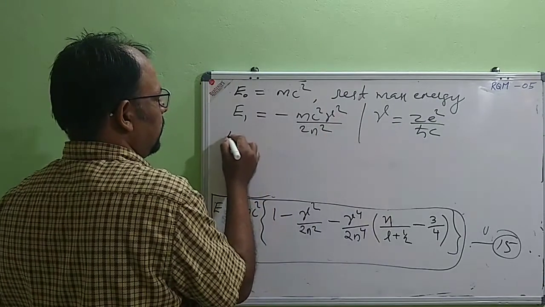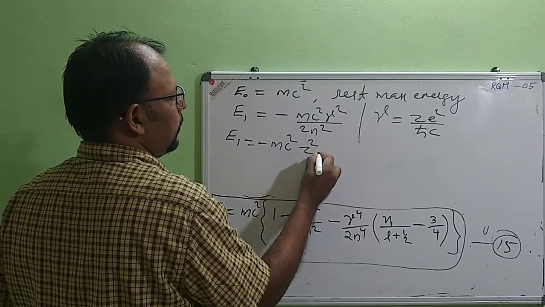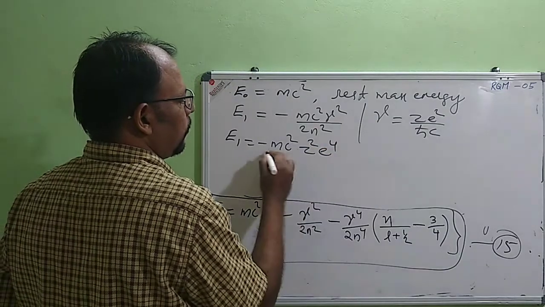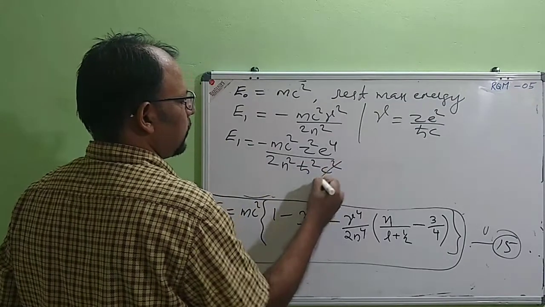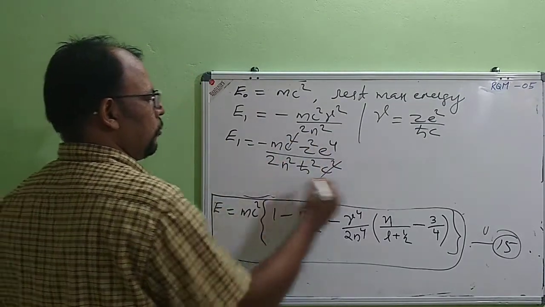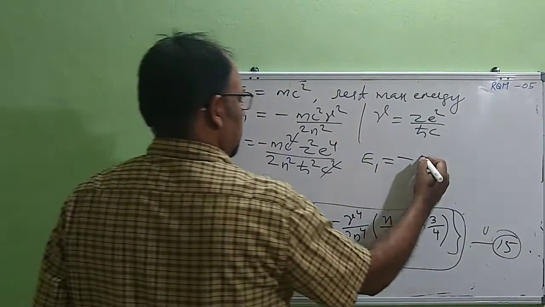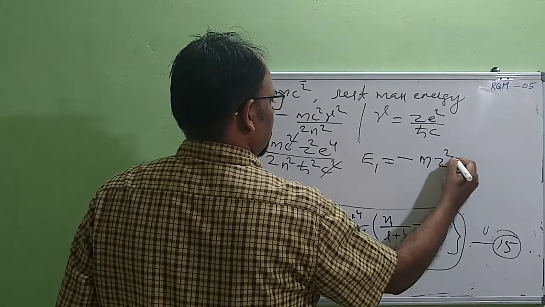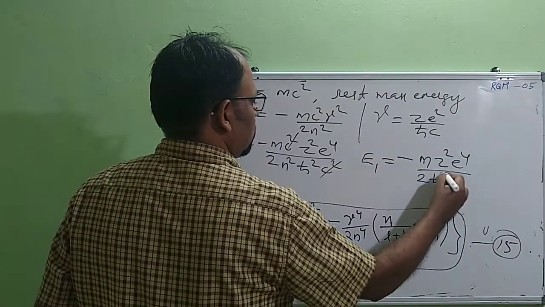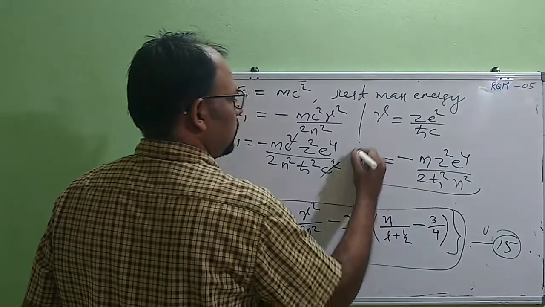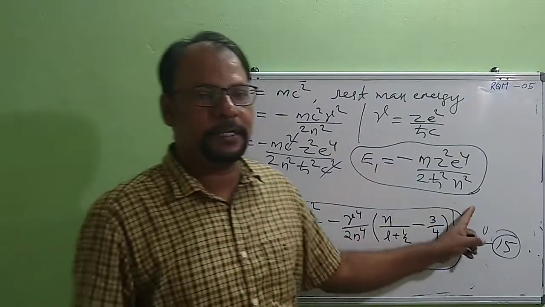So gamma square, it will be E1 equal to minus mc square Z square e raised to 4 by 2 n square h bar square c square. C square will get cancelled. So we will be getting E1 is equal to minus m Z square e raised to 4 by 2 h bar square n square. So this equation is similar to that obtained for non-relativistic case.